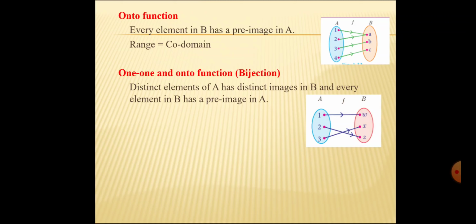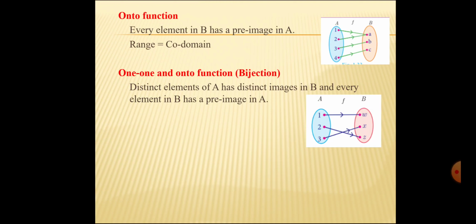Here already you know how to find out one-one function: the elements in A have different images in B. Okay, check it. The element 1 has W, the element 2 has Z, the element 3 has X. So every element in A has a distinct image in B. So it is a one-one function.